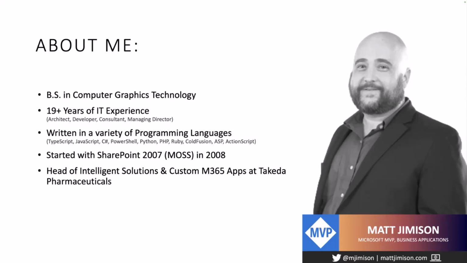And finally, I am the head of the Intelligent Solutions and Custom 365 Apps at Takeda Pharmaceuticals, where I get to work with a lot of great people like Chris Kent and Hugo Bernier. So that is a little bit about me. And I am an MVP in the biz app space for Copilot Studio and Power Automate.